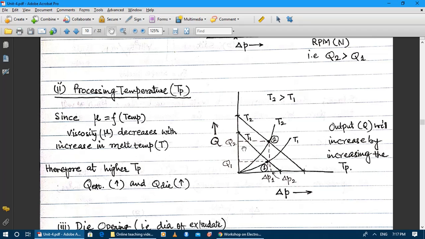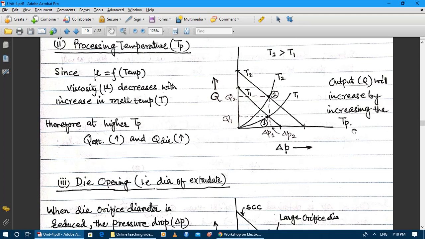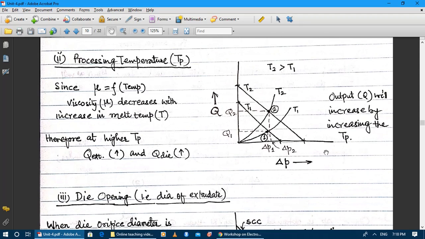So we can see that the output of the extruder will increase with the increase in temperature. Therefore, if we increase the melt temperature, then output will also increase.